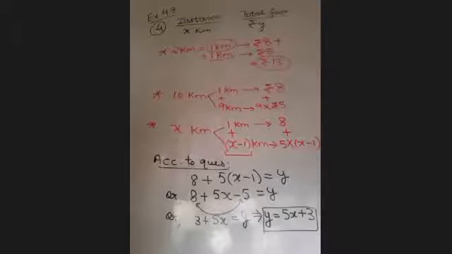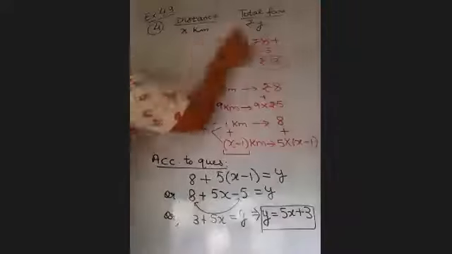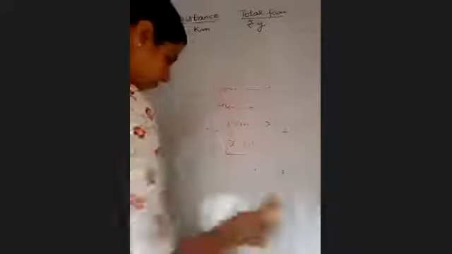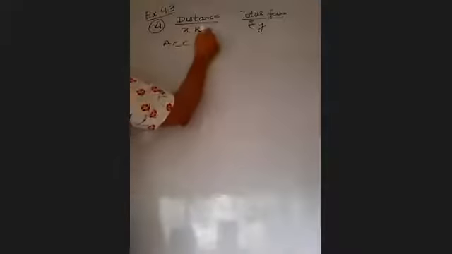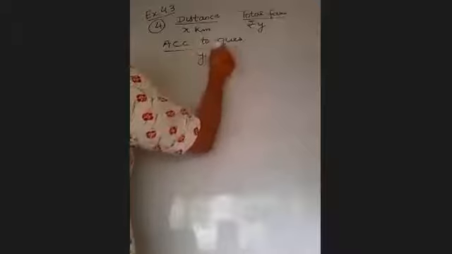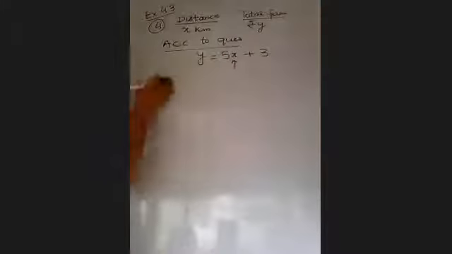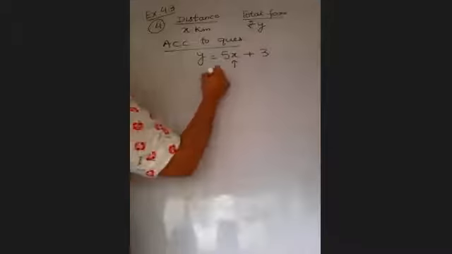Children, according to the question, we are getting the equation as Y is equal to 5X plus 3. So let us give different values to X and calculate Y accordingly.